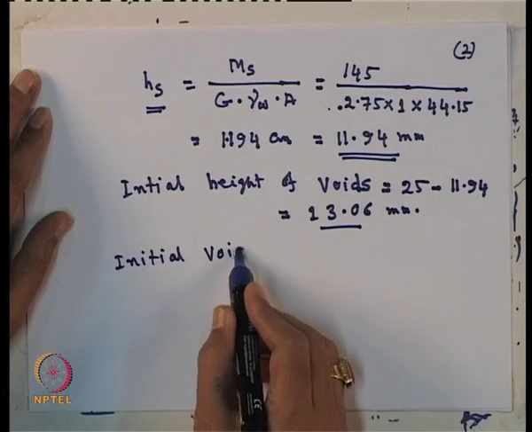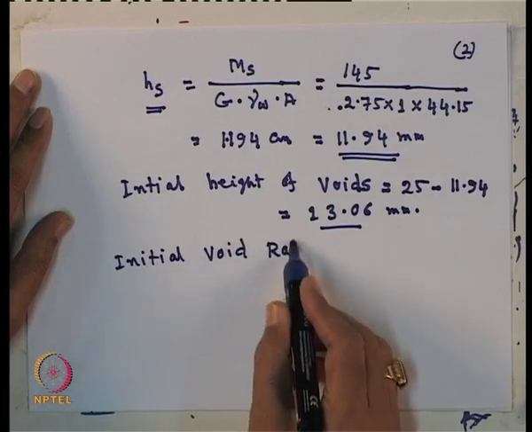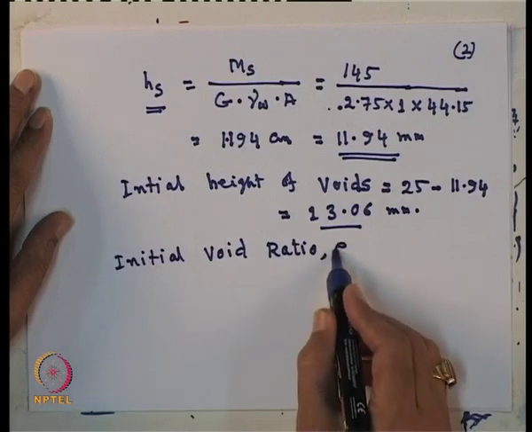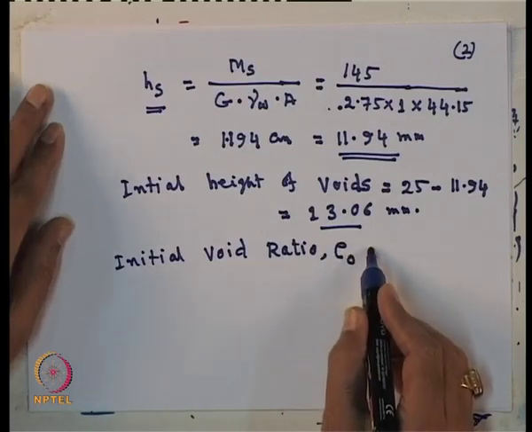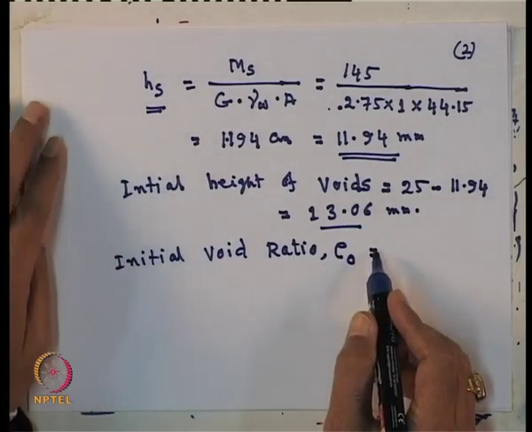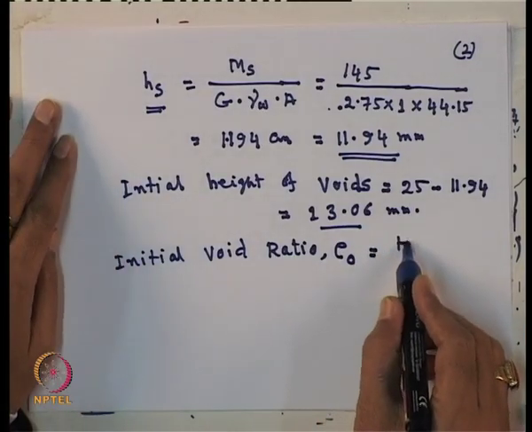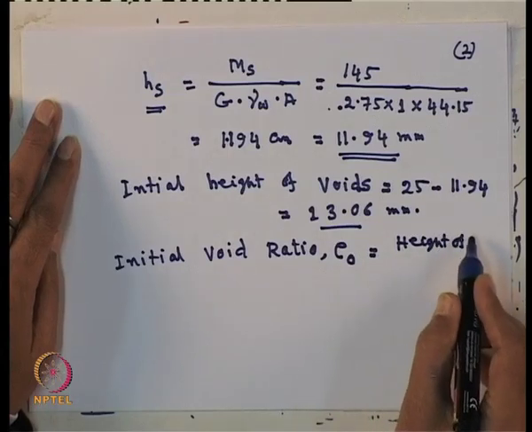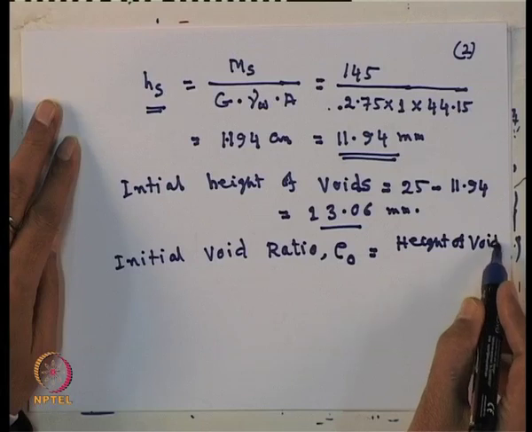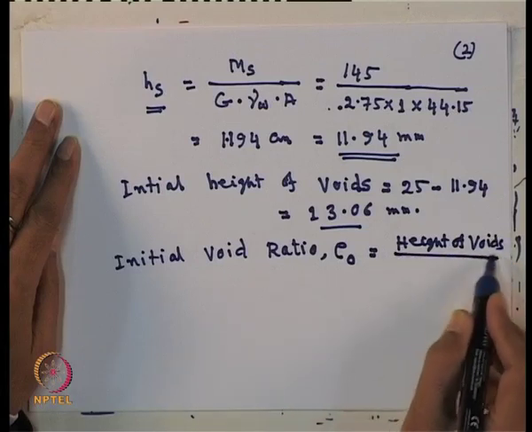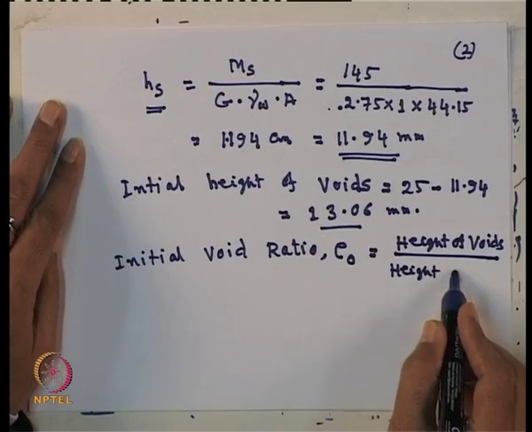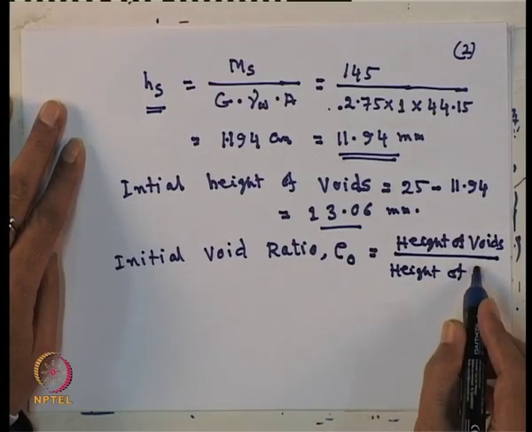Okay. So, from this you can calculate the initial void ratio, and this is designated as e_0. So, e_0 will be the height of the void divided by the height of solid.